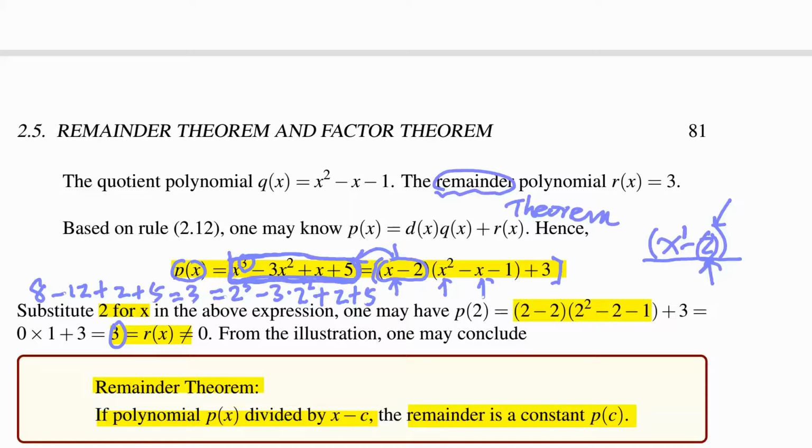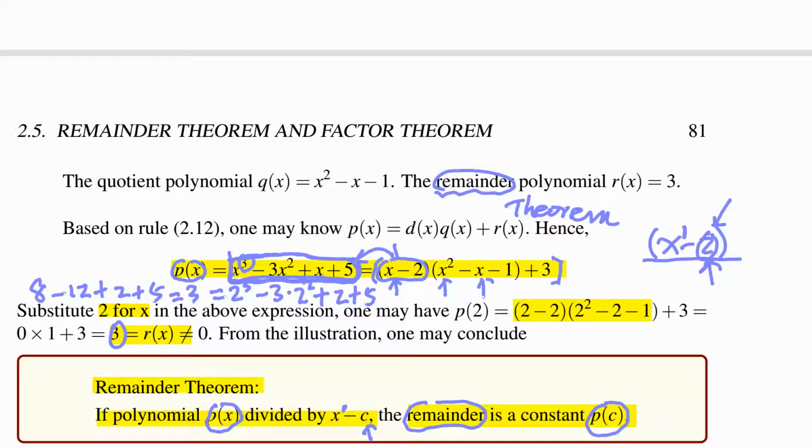That's basically it says, any polynomial P of x, if it's divided by this degree 1 polynomial, then you plug this c, not negative c, into P of x. Whatever value you get, that will be the remainder. Yeah, that's the celebration we got to make.